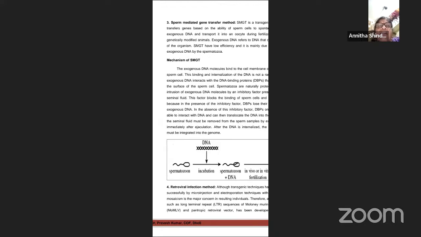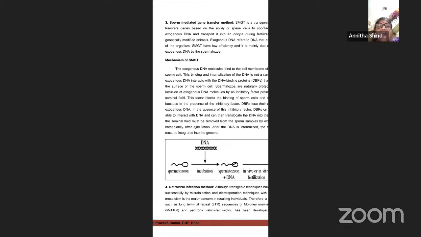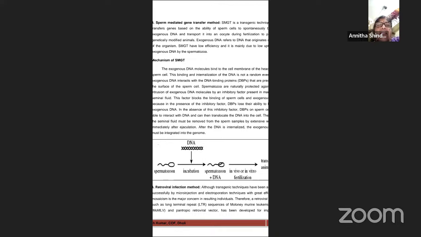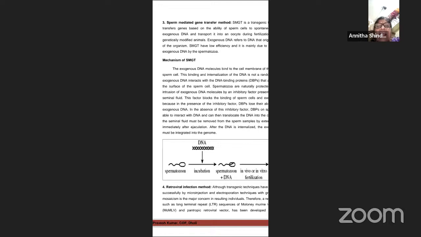So this factor will block the binding of the sperm cells and exogenous DNA, so it will not be able to enter, and the sperm loses its ability to bind to the exogenous DNA. In the absence of this inhibitory factor, the DBPs on the sperm cells are able to interact with DNA and translocate the DNA into the cell.